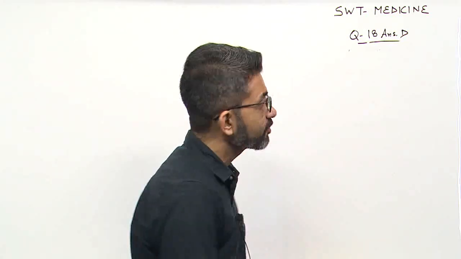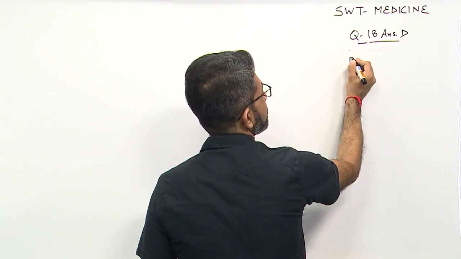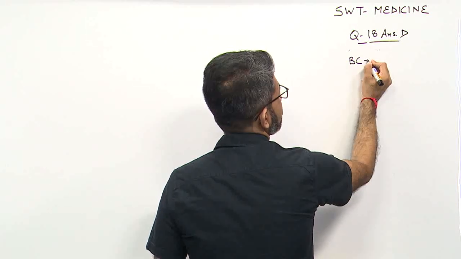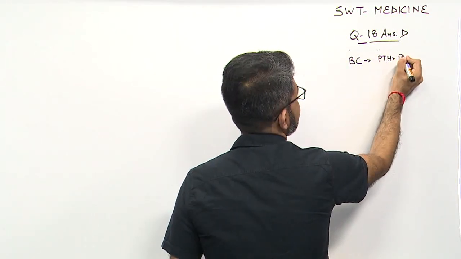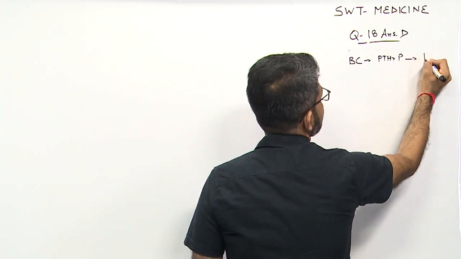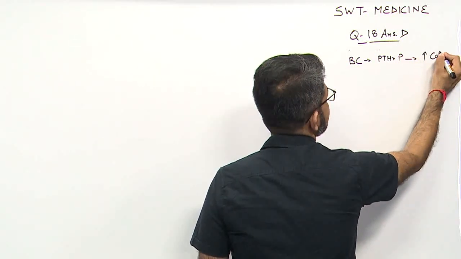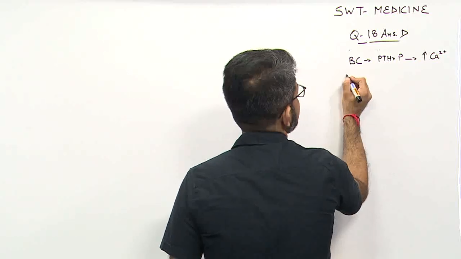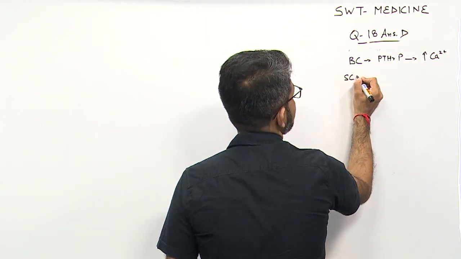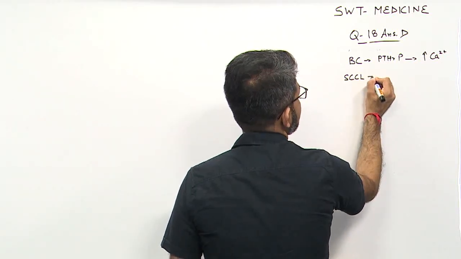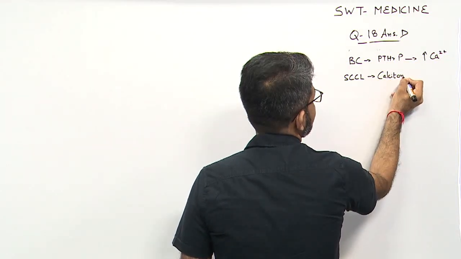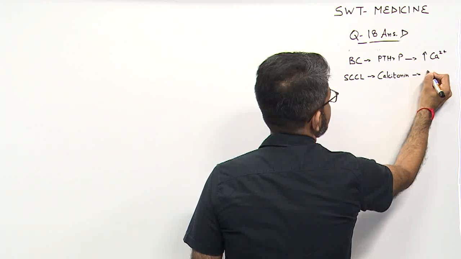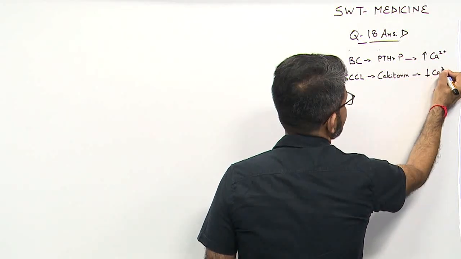See, bronchogenic carcinoma with parathyroid hormone related peptide causes increase in calcium levels, whereas small cell carcinoma lung because of calcitonin causes decreased serum calcium, hypocalcemia.